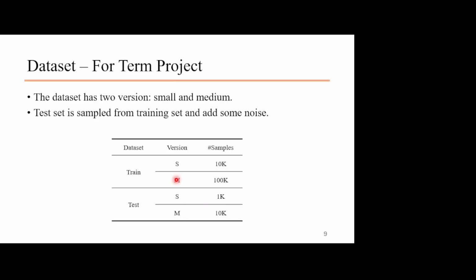And the other one is the medium version. It contains 100,000 vectors in the training set and 10,000 in the test set. And I will explain how to use these 2 data sets at the end.